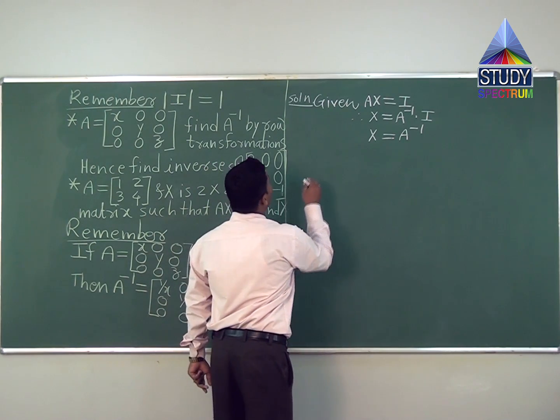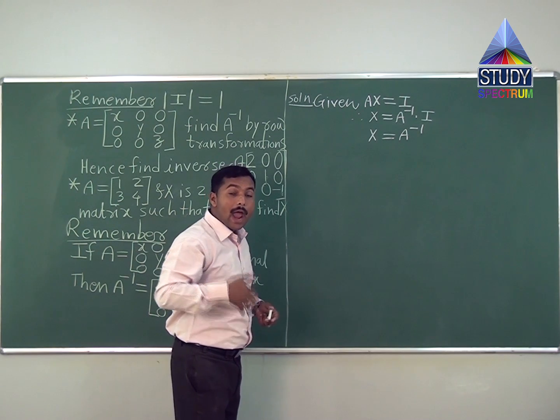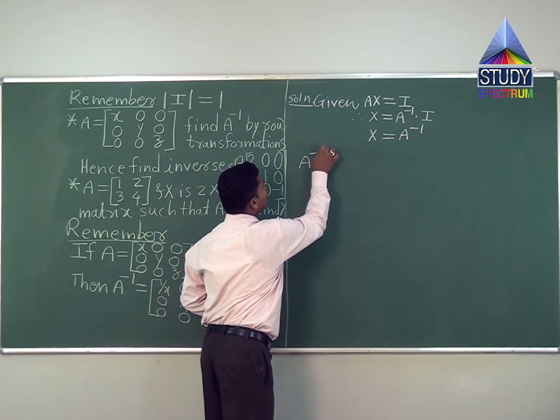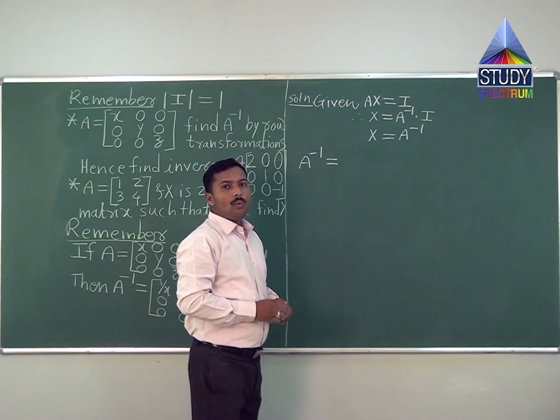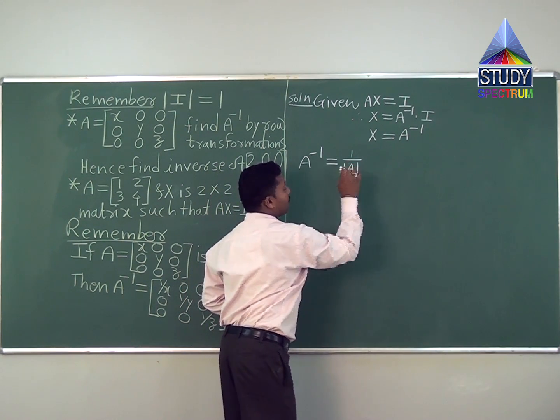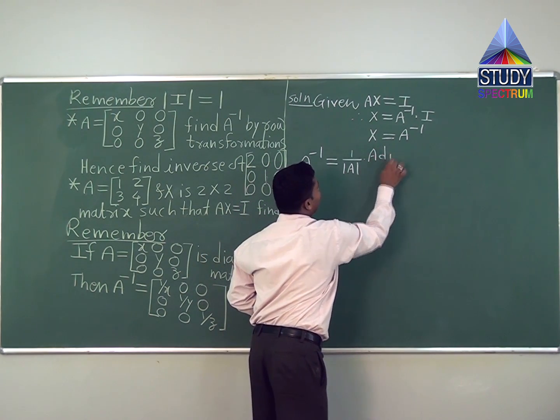So what is the formula for A inverse by the adjoint method? The formula is A inverse equals 1 upon determinant of A into adjoint of A.